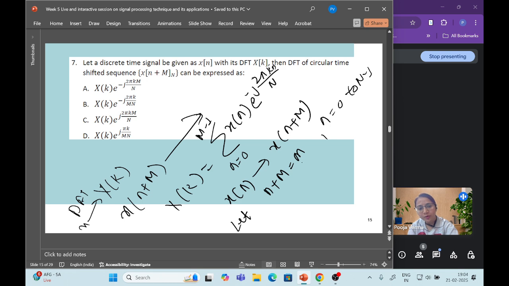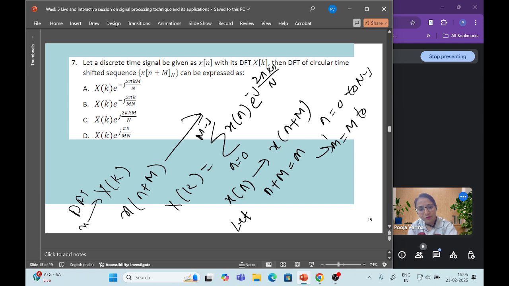Now if we put m equal to n plus m, then what will m vary from? Then m varies from capital M, okay? Because if you put n equal to 0, capital M will be the small m.